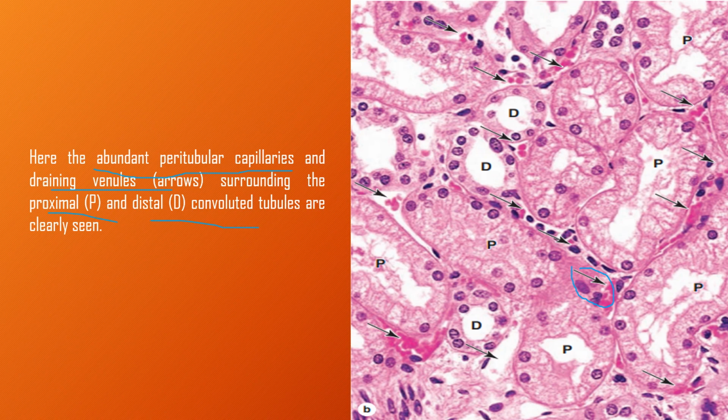These are the proximal, and this is the distal. As you can see, the distal convoluted tubule has an empty lumen, and the proximal convoluted tubule has a filled lumen. This is the peritubular capillary draining to the venules.